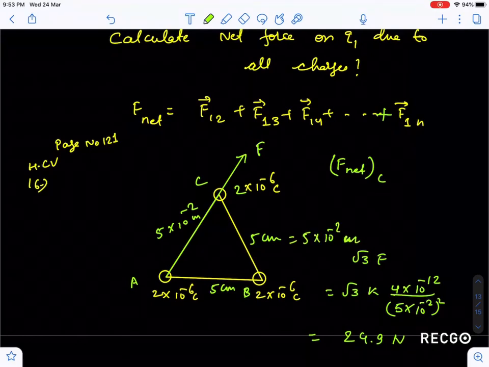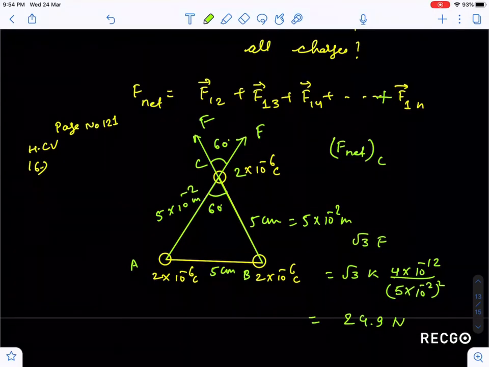Okay. So one thing you have to keep in mind, guys, because the distance between this charge and this charge as well as this charge and this charge are identical, this force, if I have written F, this force must be F. And since this is an equilateral triangle, this will be 60 degree, vertically opposite angle.